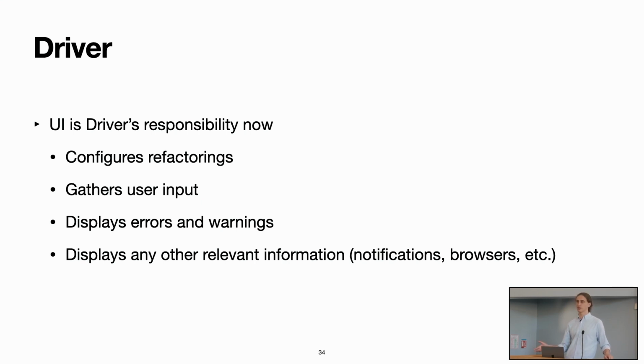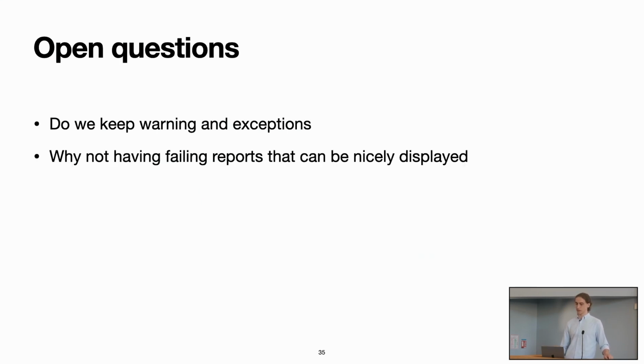So these are notifications or browsers, because when you have a refactoring, and for the example we had before, sometimes when you finish refactoring, you want to show the user senders of some method, for example, or implementers, because he wants to browse what happens afterwards. So those are some nice failing reports that we can show, so he can easily inspect and fix any stuff that was necessary to fix afterwards.